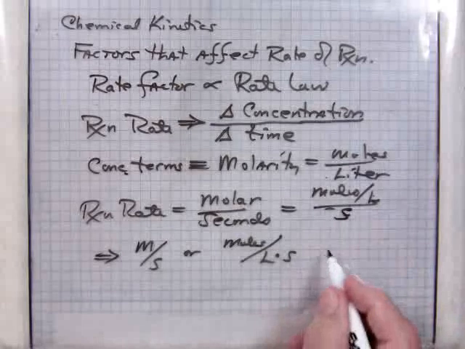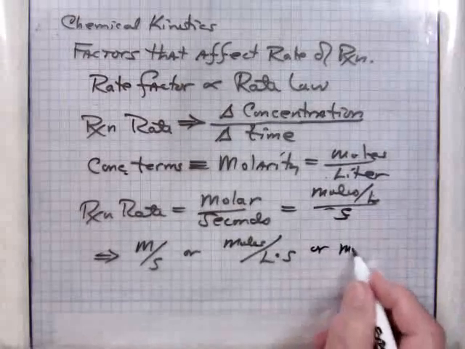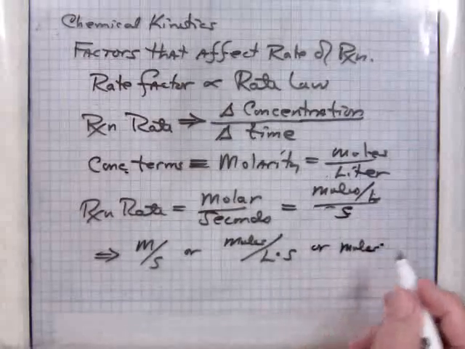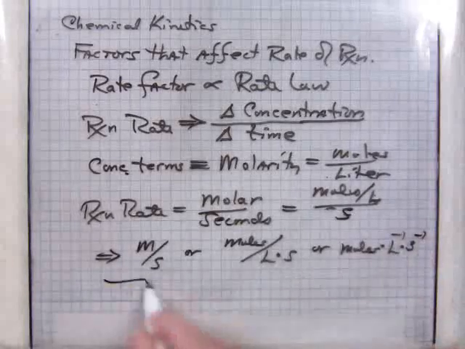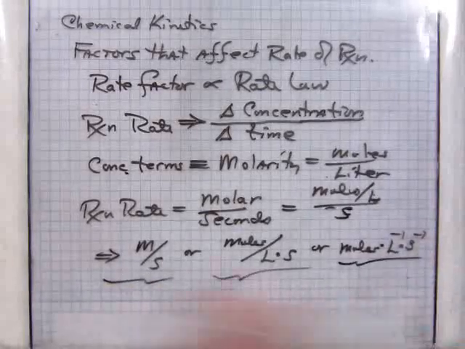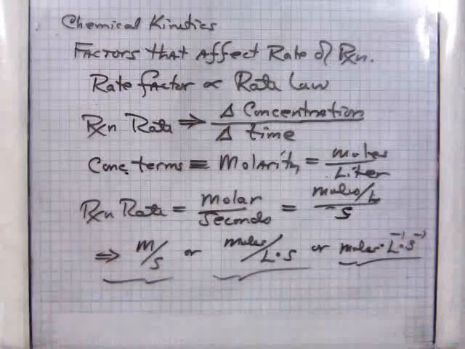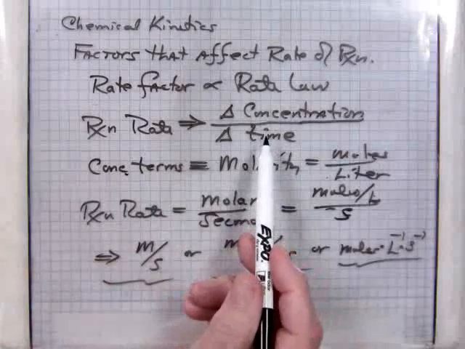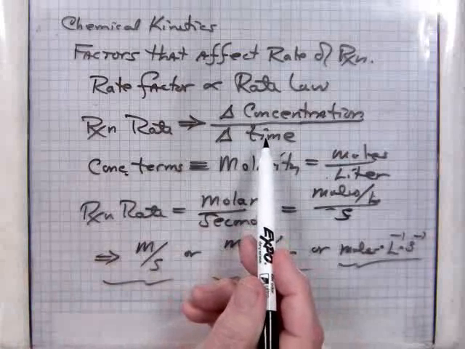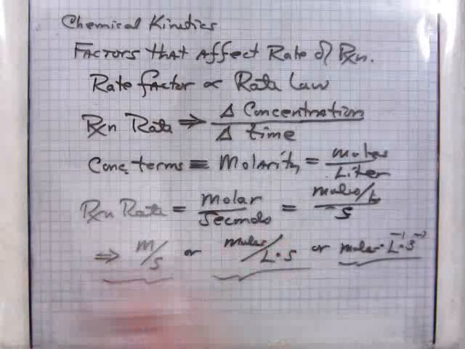Or you will see moles dot liters to the minus 1 dot seconds to the minus 1. So you'll see these pop up on problems as you go through and study those items, but they all mean the same thing, and they all relate back to the idea of speed, rate.